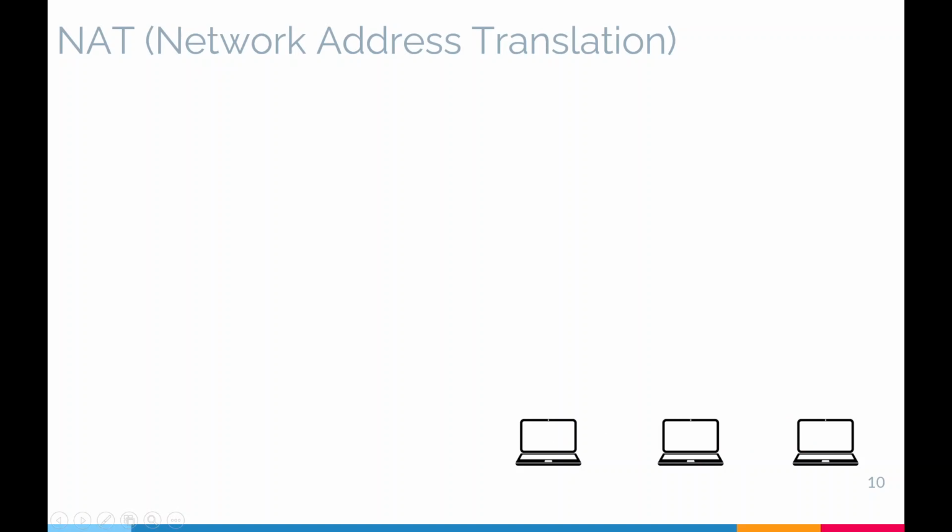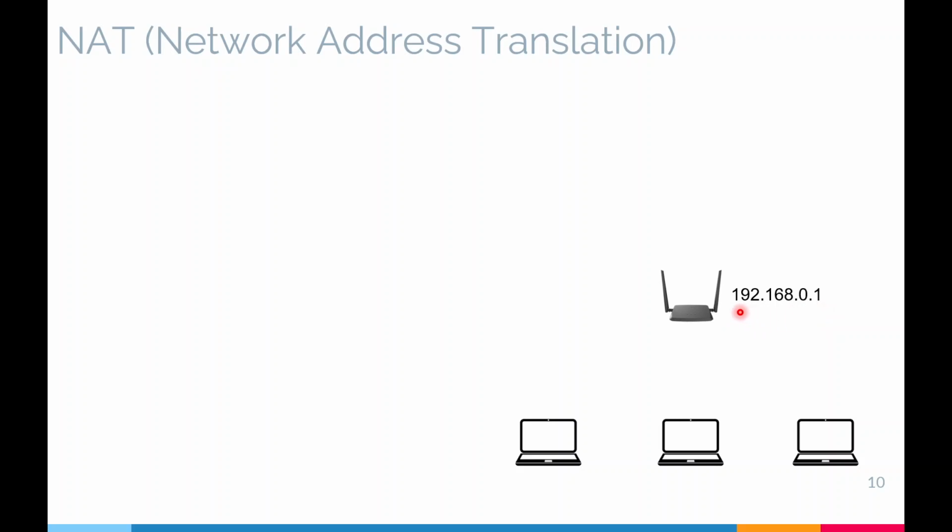Instead, these machines are connected to a router. When a router comes into the picture, it creates its own network. By default, the router will have its IP address set.